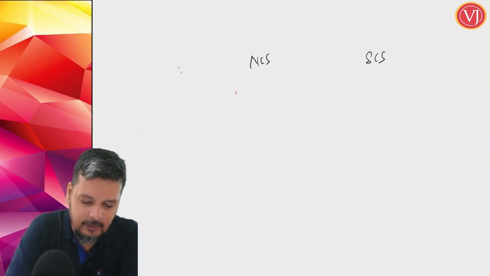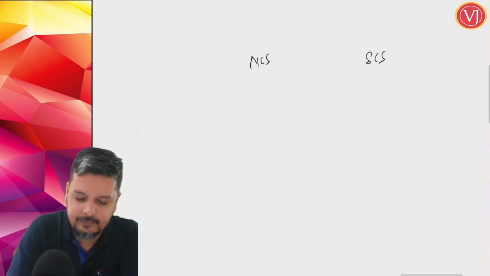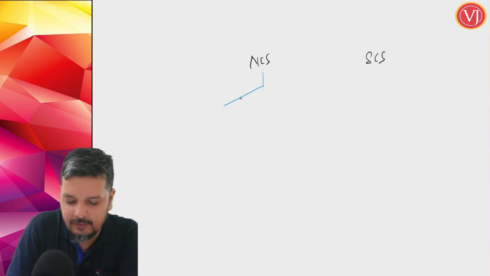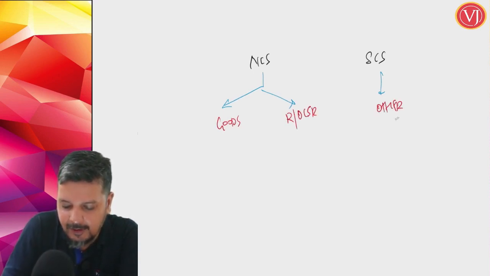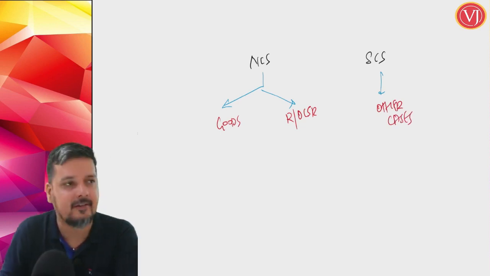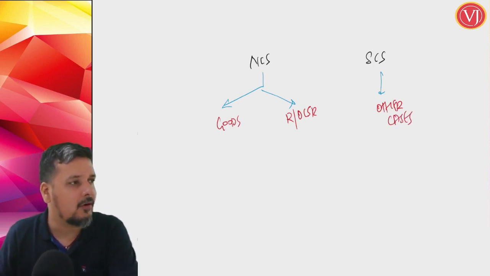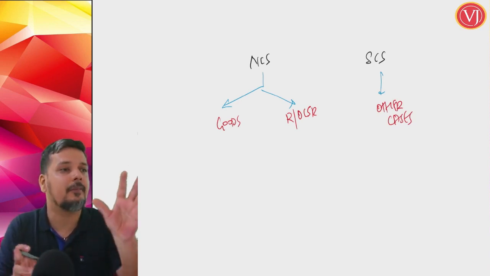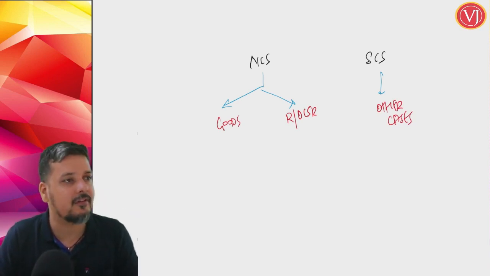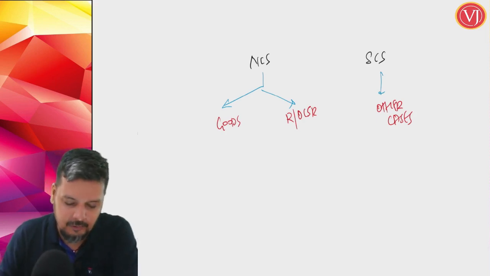Now, in normal composition scheme, you talk about goods, you talk about restaurant, outdoor catering services. And in special composition scheme, I will not write services, I will write other cases. If you are not covered in normal composition scheme, because it can be services with goods also. Services being the major portion.